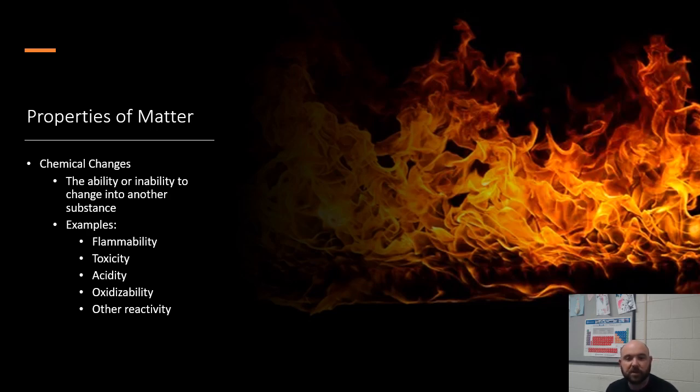Toxicity to living organisms would be considered a chemical property of matter. The acidity of something, so the pH of that substance, would be considered a chemical property, because when you test it with the testing solution, you actually do change that substance. The next one is oxidizability. The word oxidize means to have oxygen atoms added to it. That's a fancy way of saying rusting.